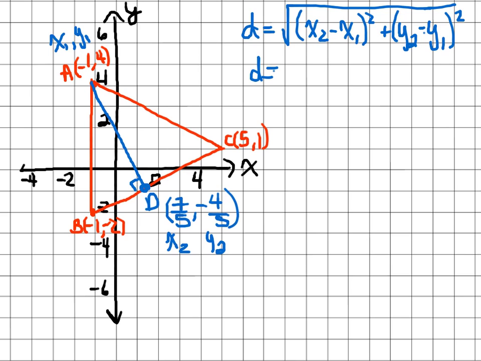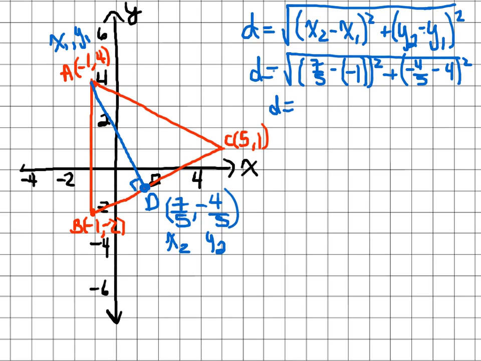So the distance is equal to the square root of 7 over 5 minus 1, and that's all squared, and y2 is minus 4 over 5 minus 4 all squared. And that is equal to, I need common denominators of 5.